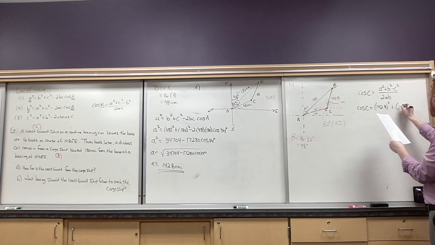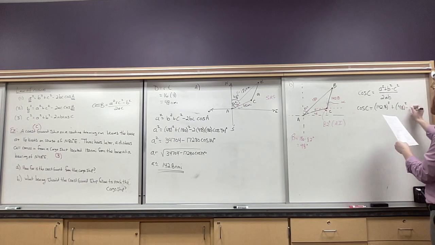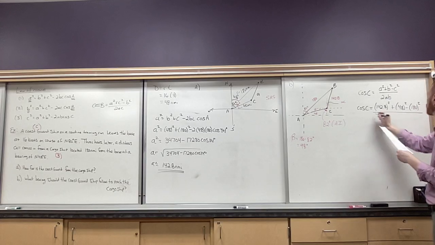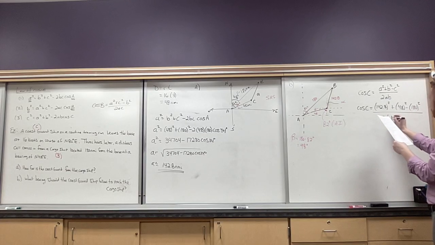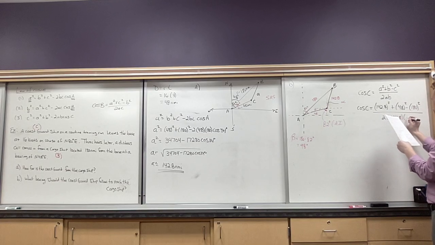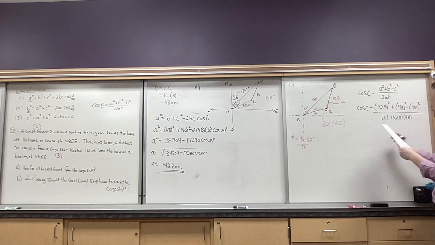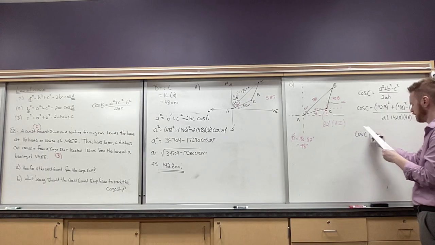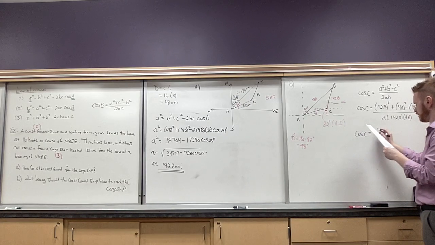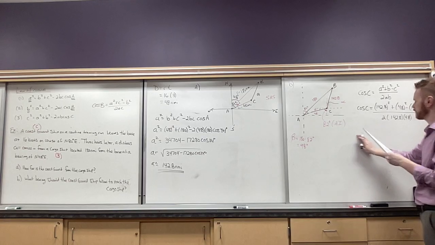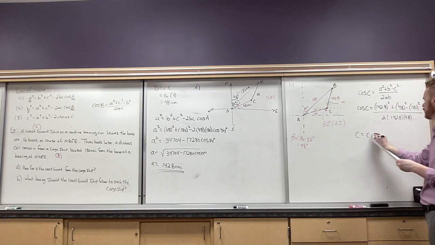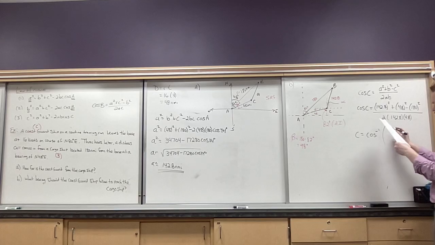Little b was 48. And then c, which was 180. And then 2 times 142.8 and 48. So we get, tell you what, just to save a little bit of space, I'll jump to the inverse part.